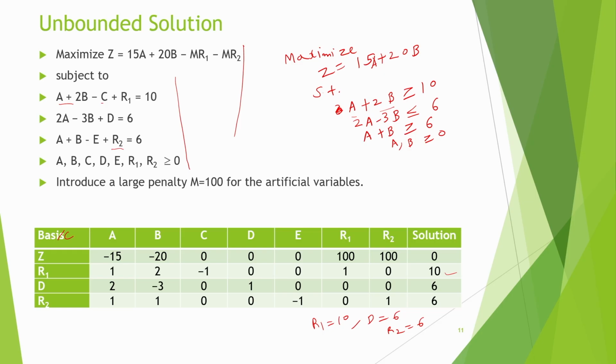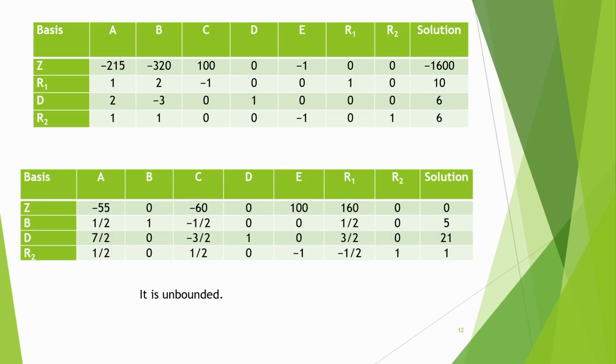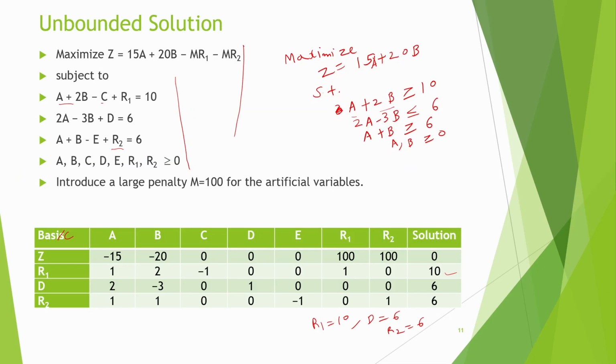So I subtract minus M times R1 minus M times R2, so that in the process of solving, R1 and R2 become 0 automatically, because M is a big number. So if I use this objective function, we see that R1 is equal to 10, D is equal to 6, so the objective function should give me minus 16M, but here it is 0. So this is not consistent.